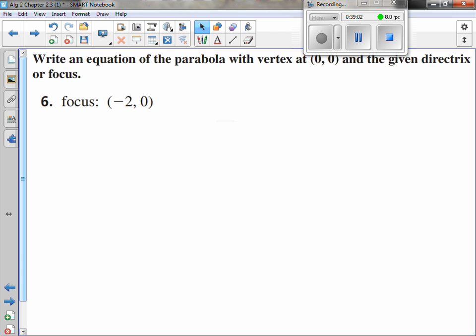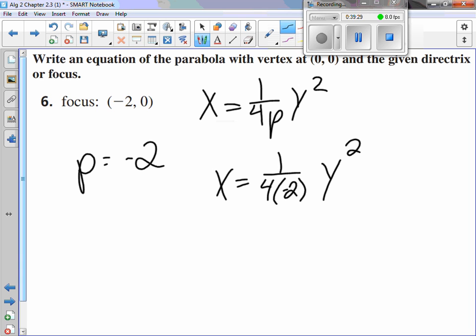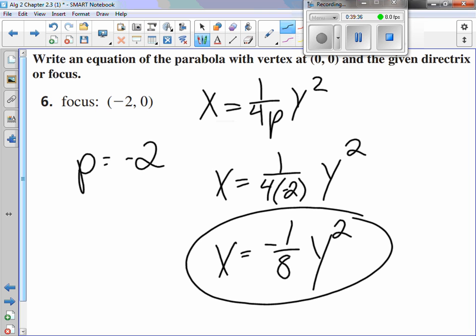So the equation I'm using is x equals 1 over 4p y squared, because that's the one that had a p value of the focus in the x spot, yes? P is negative 2. It just told us. So x is equal to 1 over 4 times negative 2. And that's it. We plug it in.